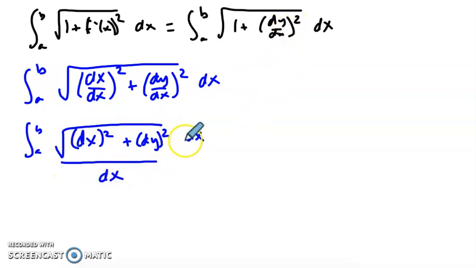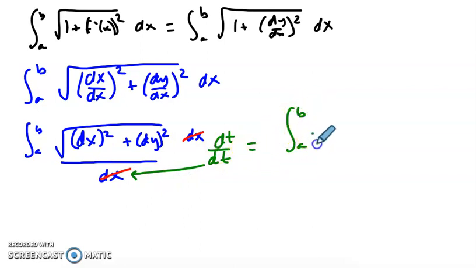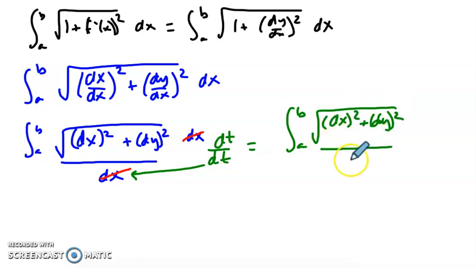And now my dx's cancel, and what I want to do is build in a dt, because the distance formula in parametrics needs a dt. So if I instead multiply by dt over dt, then I'm going to slide the denominator over underneath. So I have from a to b, dx squared plus dy squared all over just a plain dt, and then a dt out here.